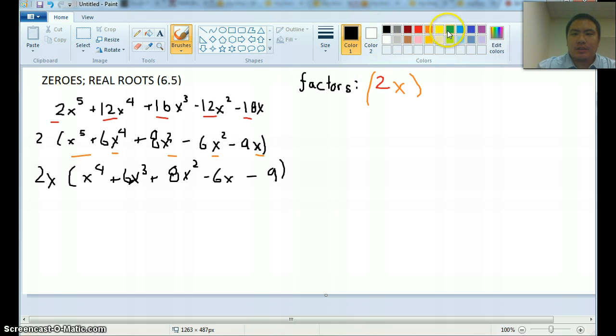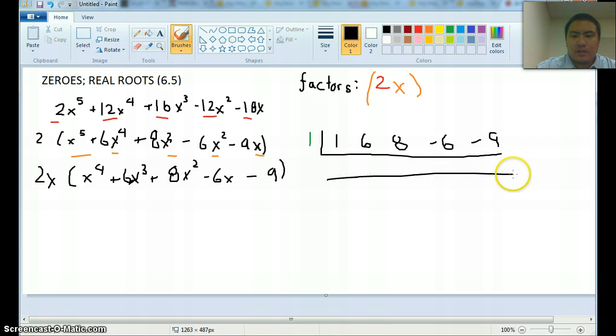So let's try 1. Alright, so if I use 1, then let's see what that gives me. So I have 1x to the 4th, 6x to the 3rd, 8x squared, negative 6x, negative 9.